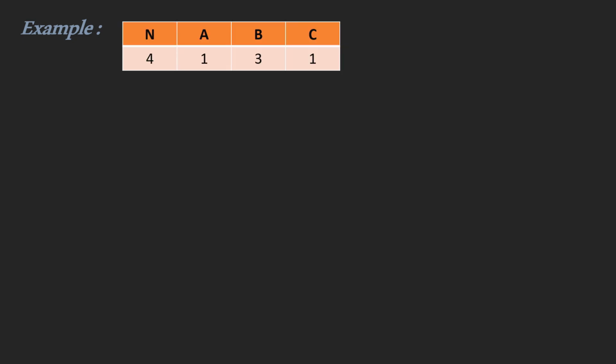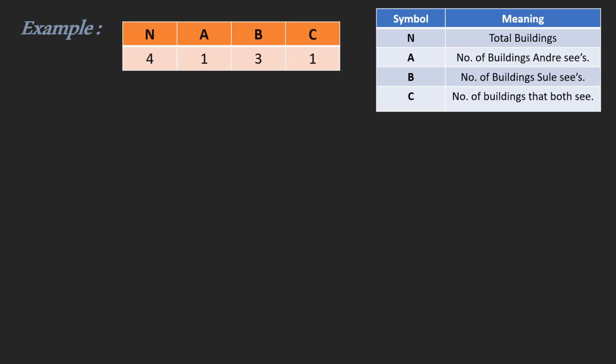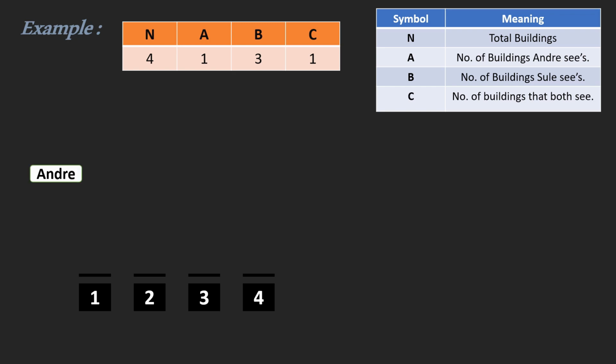Consider this example where total buildings are 4. Number of buildings Andre sees is 1. Number of buildings Sule sees is 3, and common buildings are 1. So, here are 4 buildings. Consider this as the position of Andre. Consider this the position of Sule.